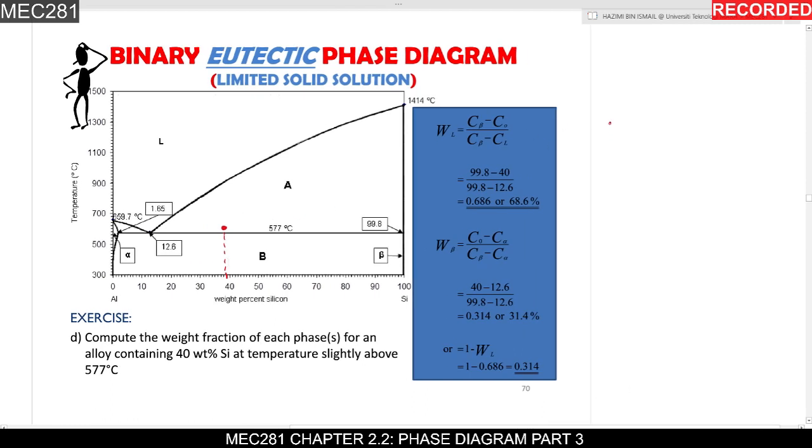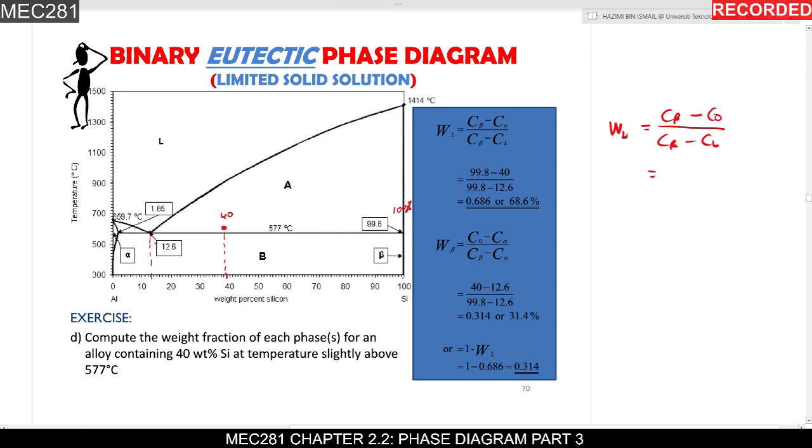The WL, the weight fraction for the liquid, is where the value here represented by the C beta, minus the value here is 40%. Okay, just write down the equation first. Okay, so here is 40%. This point here is 100%, 100% lah. So this one is the CL, where it reached the liquid phase.